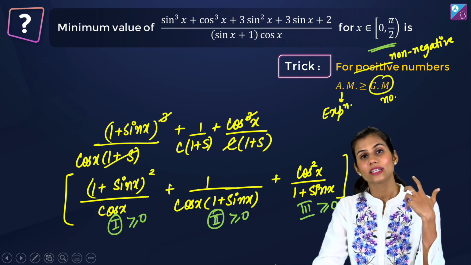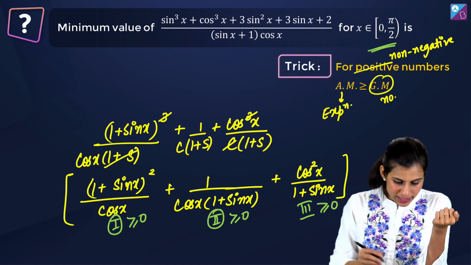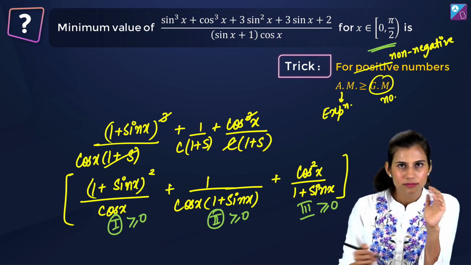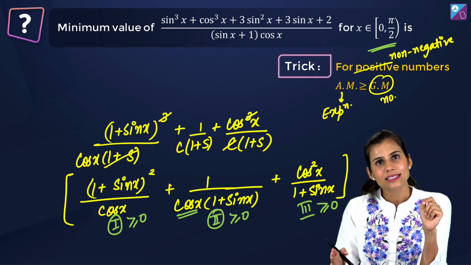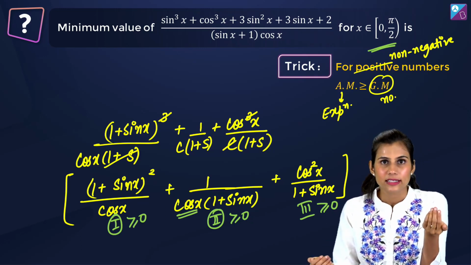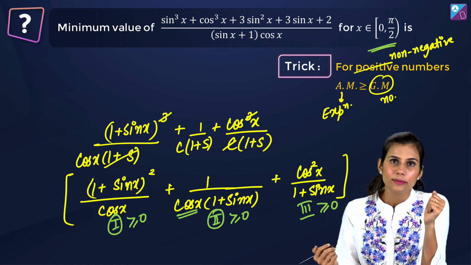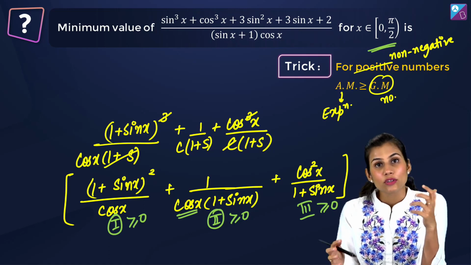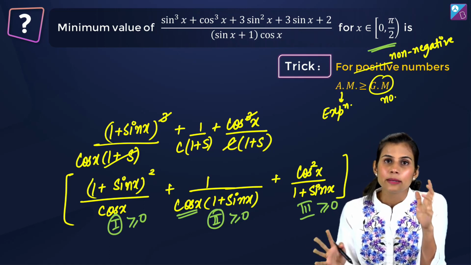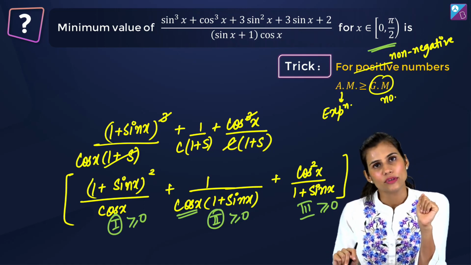So all the angles are actually acute angles. Even if x comes out to be 0, cos x will be 1, not 0. Here also cos x will be 1, and 1 plus sin x will again be 1 if x is 0. So the denominator will be positive, right? The numerator here is already positive, it is 1. Similarly, if x is 0 or any angle between 0 and pi by 2, the third quantity is also always positive.